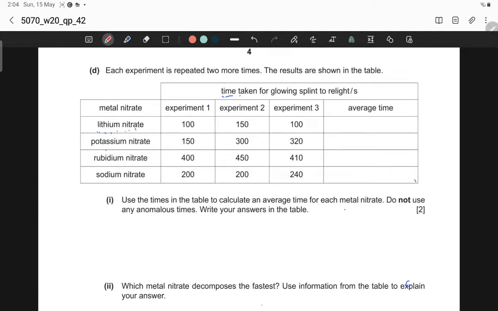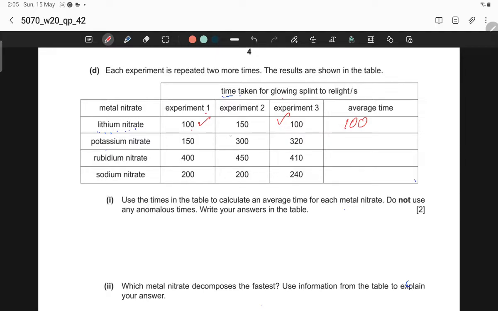Next, each experiment is repeated two more times. The results are shown in the table. For lithium nitrate the times are 100, 150 and 100, so taking the two readings that are the same, the average time is 100.